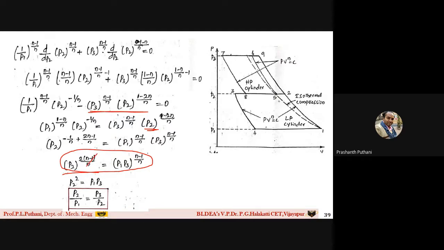So if I cancel these terms, P2 square is equal to P1 P3, or I can write this as P2 by P1 is equal to P3 by P2, or this can also be written as P2 is equal to square root of P1 P3. Is this point clear to you all, students?